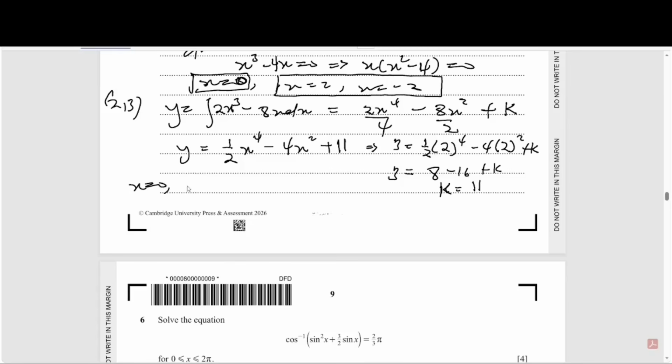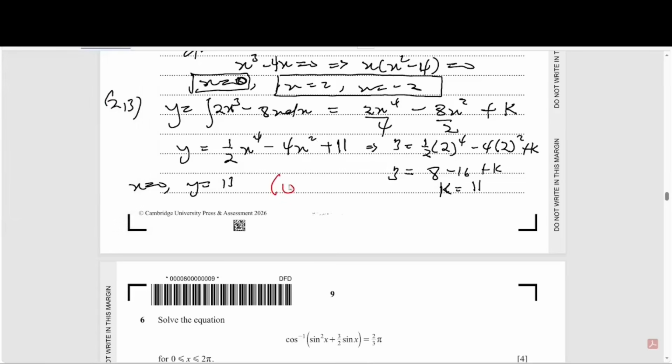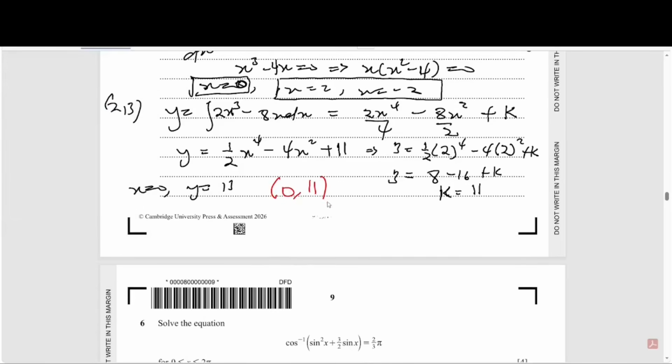When x is 0, everything here goes to 0, y will be 11. Then the other stationary point that the question requires us to find is (0, 11), and that's the final answer.